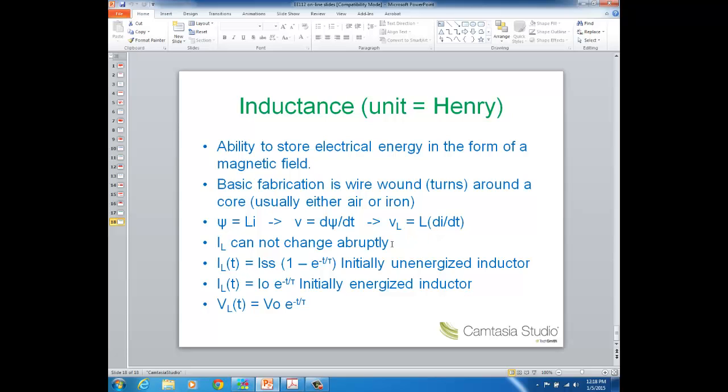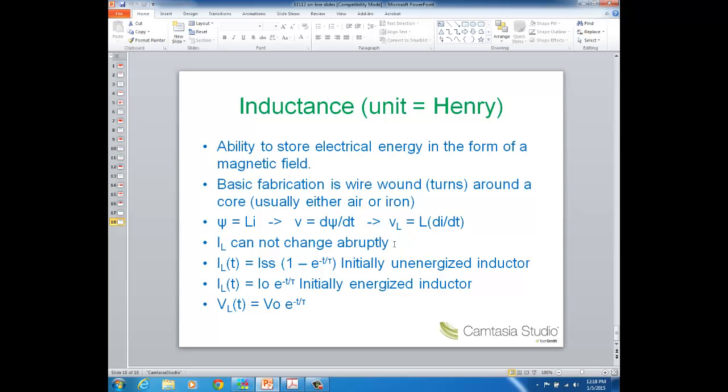Another way to reason it is that when current changes through an inductor, that's going to create a voltage across the inductor that will oppose the current flowing through it.